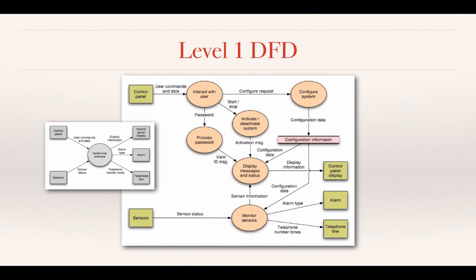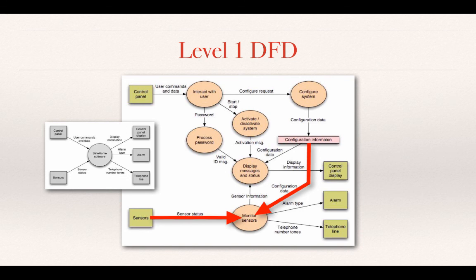Suppose we decide now that the process monitor sensors needs to be further refined. In this level 1 diagram, the monitor sensors process receives two pieces of information. It receives sensor status from the sensors external entity, and it receives configuration data from the configuration information data store.